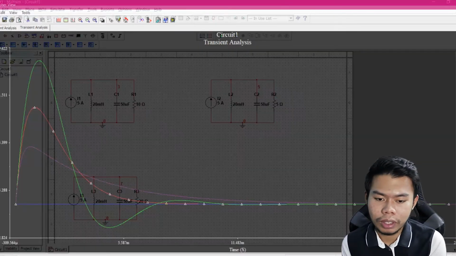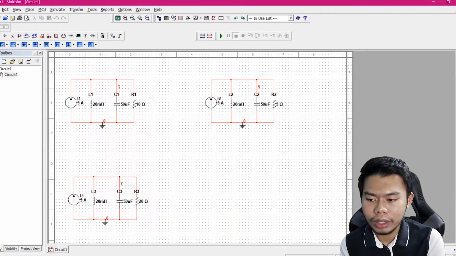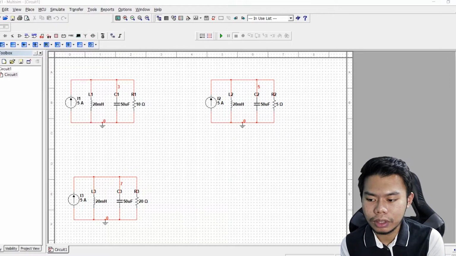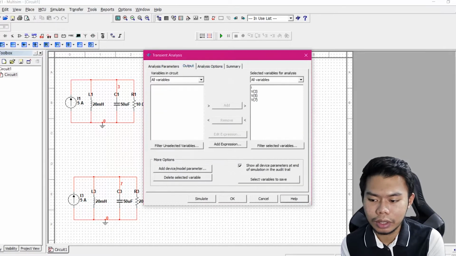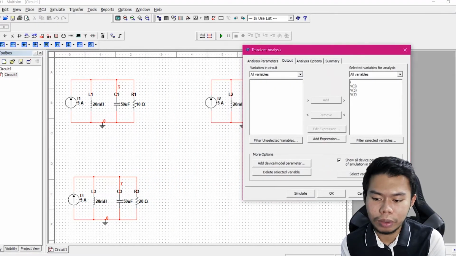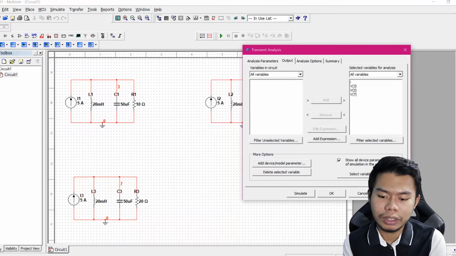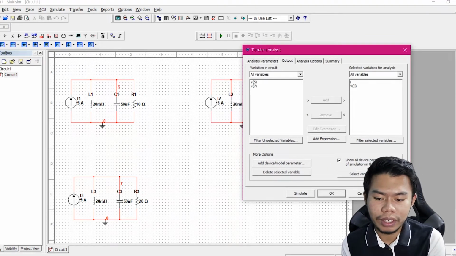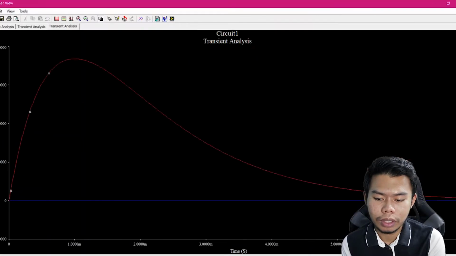So we run again with one output. Simulate, analysis and transient analysis. First we want to know V3, which is critically damped, so we remove V5 and V7. Okay, simulate.